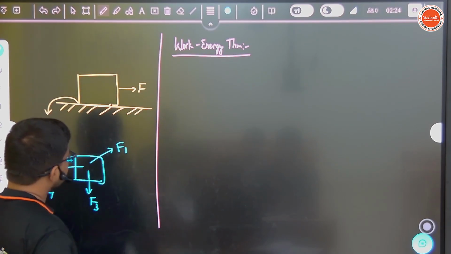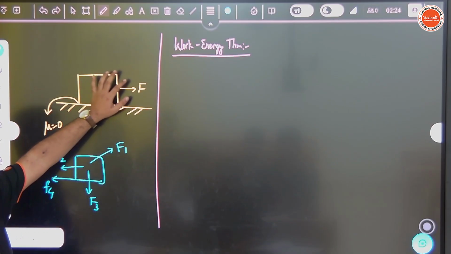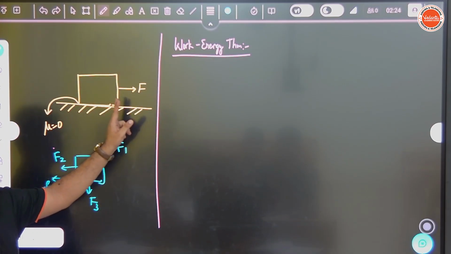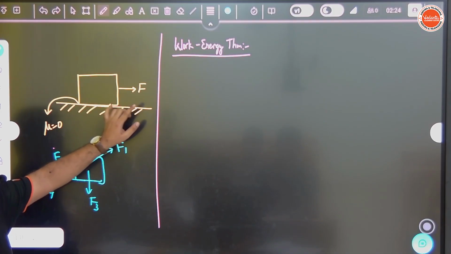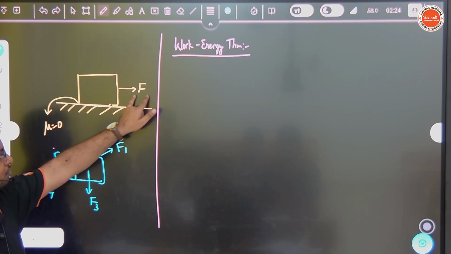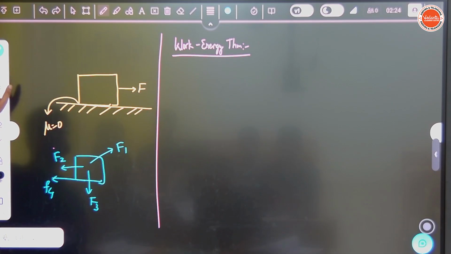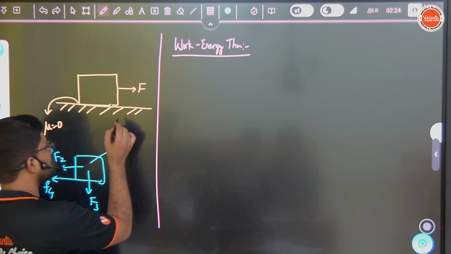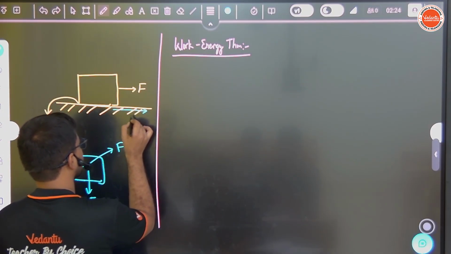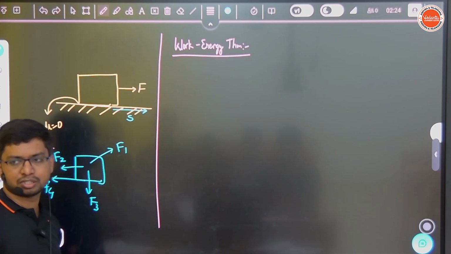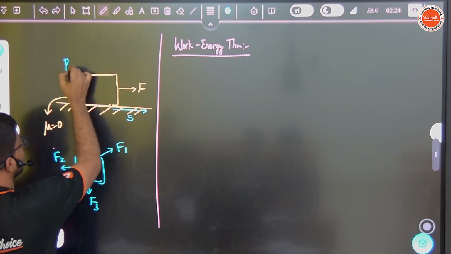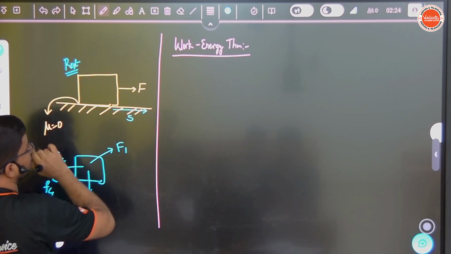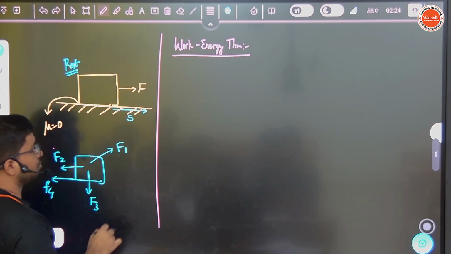Just now I was telling you about what a single force acting on this one is doing here. Let us do a small calculation over here. Assume that it has moved by some displacement s, starting from rest, from 0.